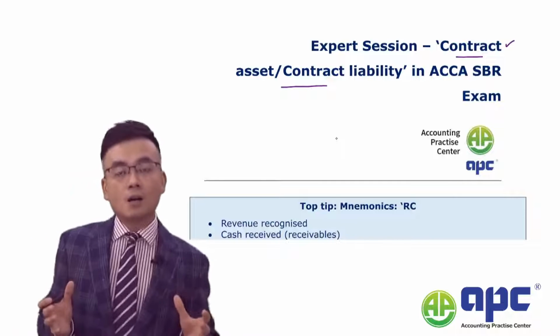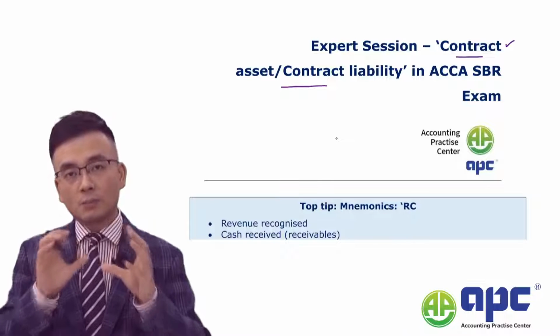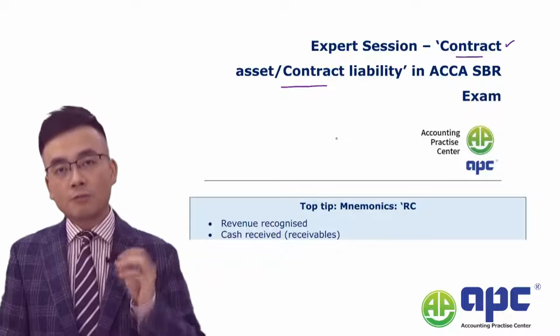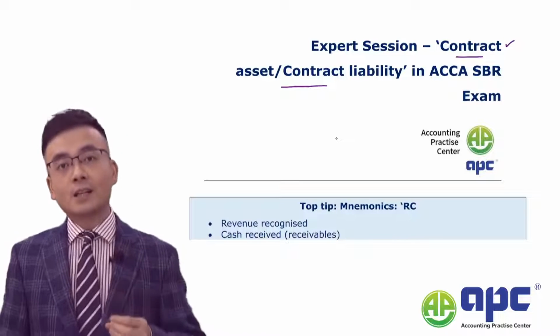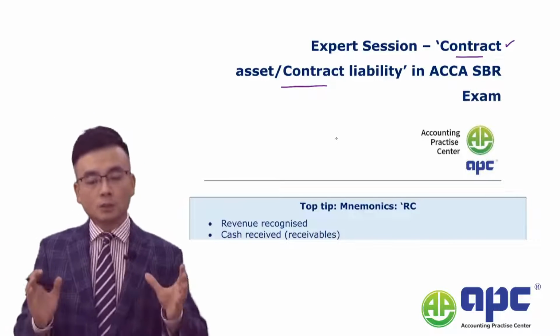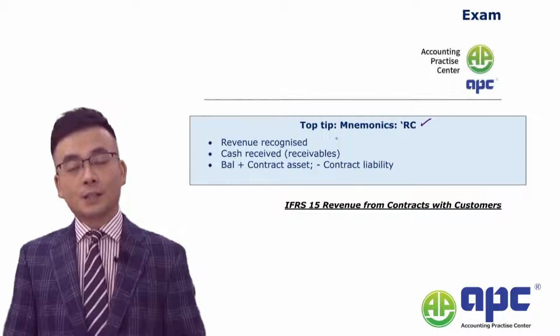And in the SBR topic, in terms of revenue applications, one of them will be the non-refundable deposit at the very start, which we treat as the contract liability. But don't worry, just apply my top mnemonic called RC.